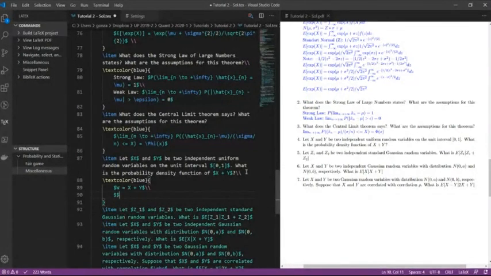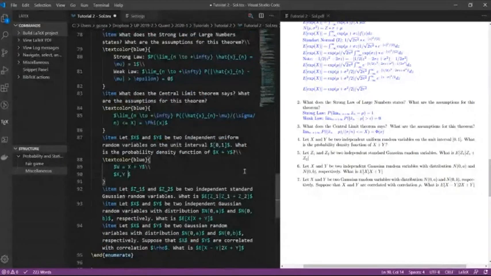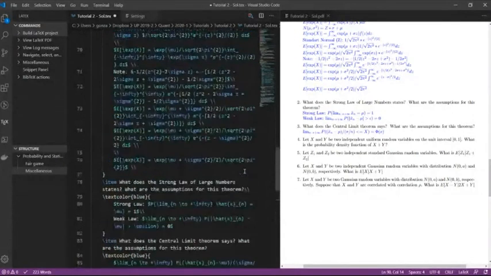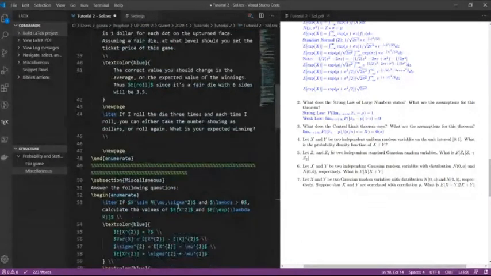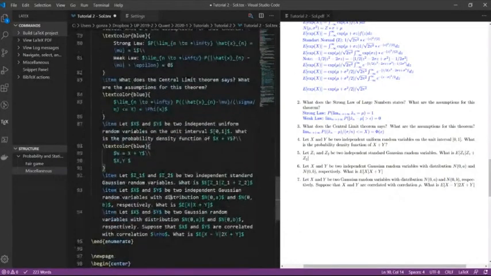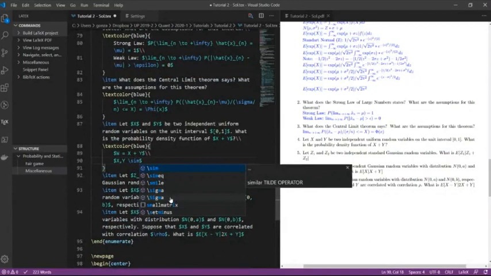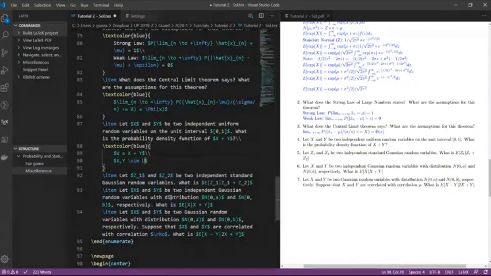Now, we know that x and y follow a uniform distribution. That follows a uniform distribution that goes from 0 to 1, and that they are IID.